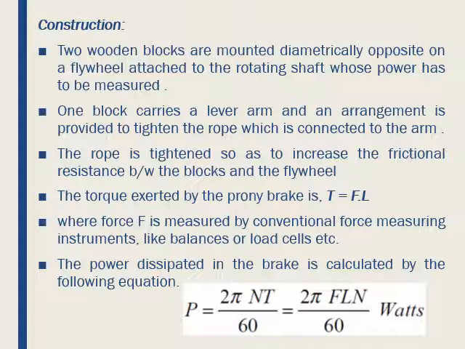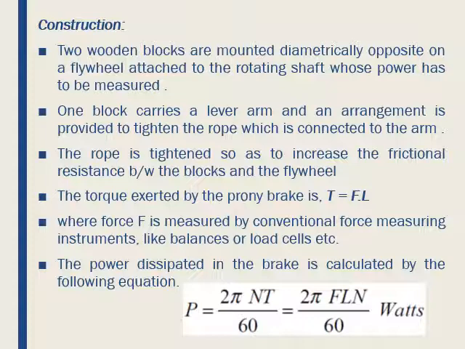Here two wooden blocks are mounted diametrically opposite on a flywheel attached to the rotating shaft whose power is to be measured. One block carries a lever arm, and an arrangement is provided to tighten the rope which is connected to the arm.